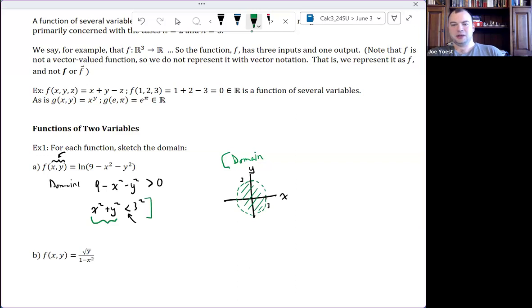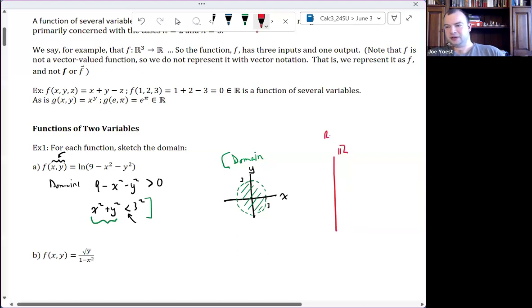This would be more of an algebraic representation of our domain. And if we wanted to, not very accurately, represent what this function is doing, just a sketch of what's happening: over here we have the real line, and we have our range, our output space, and we're taking points from this input space and mapping them to points on this real line.